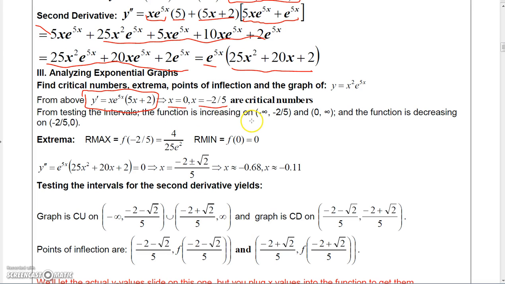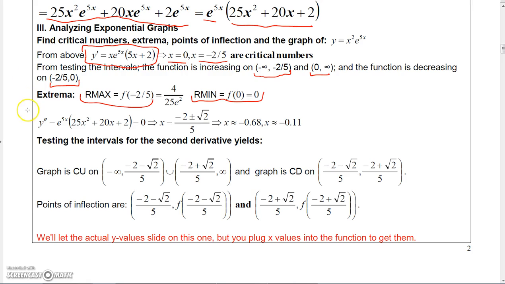And I'll leave you to test the intervals, but if you test the intervals, you'll find that the function is increasing from negative infinity to negative 2/5 and 0 to infinity, and it's decreasing on negative 2/5 to 0. Well, by the first derivative test, that means you get a relative max of f of negative 2/5, and then you get a relative minimum of whatever f of 0 is, which of course is 0 in that case.